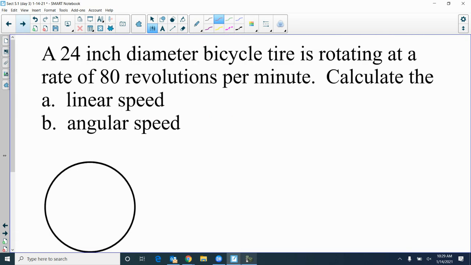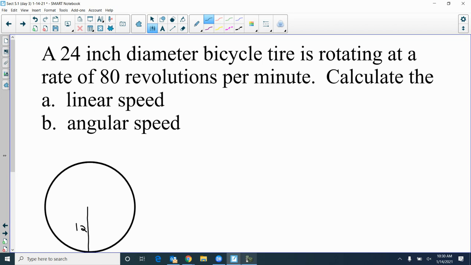All right, so let's say a 24-inch diameter, which means it will have a 12-inch radius. Bicycle tire is rotating at a rate of 80 revolutions per minute. All right, we're going to calculate the linear speed, and we're going to calculate the angular speed.